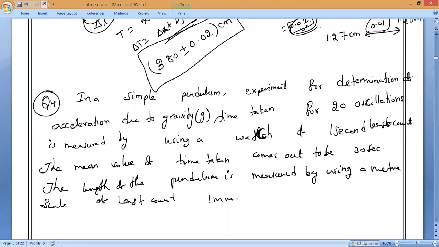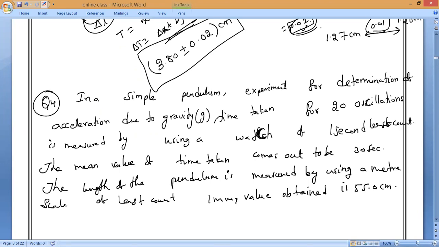So what is the meter scale least count? 1 mm, and the value obtained is 55.0 centimeter. Is it okay, everybody?